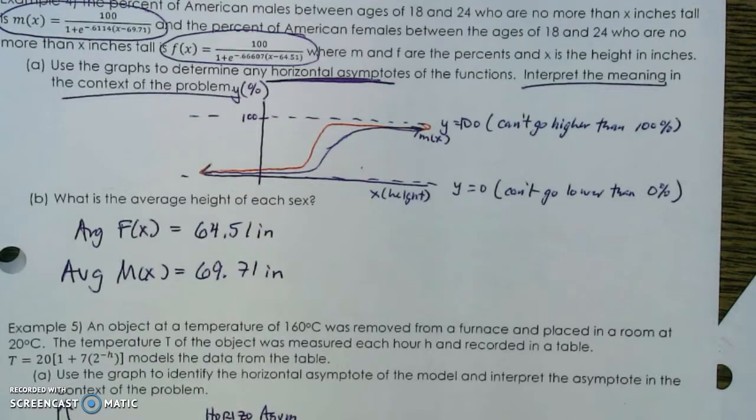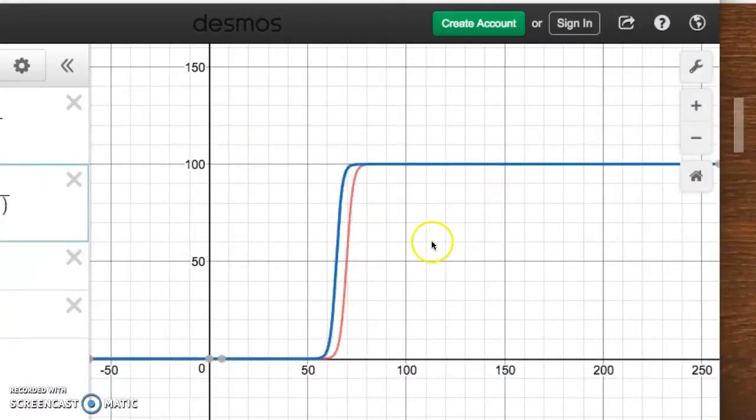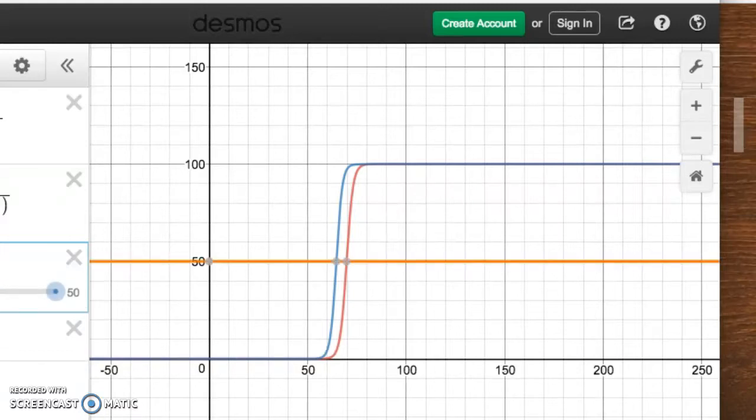So if I go back to Desmos, I looked at 50% and saw what's happening at 50. Let me put an equation for 50 in there. Okay. So at 50%, I'm getting these two heights. For the male curve, I'm getting 69.71.